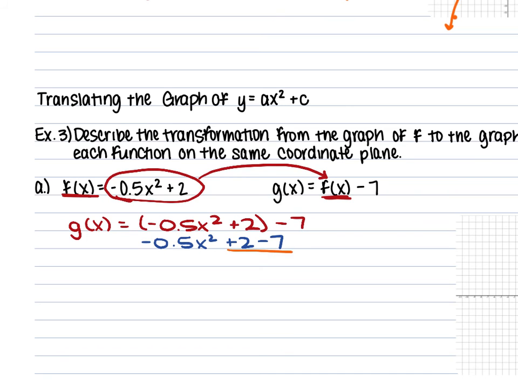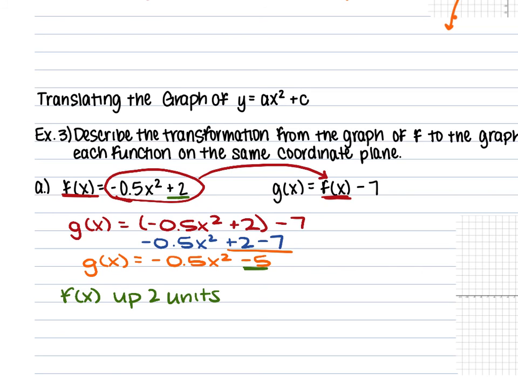If we combined our like terms here, we would have g of x is equal to negative 0.5x squared minus 5. So how do these two functions differ? Well, f of x has that plus 2, so it goes up 2 units. g of x has that minus 5.